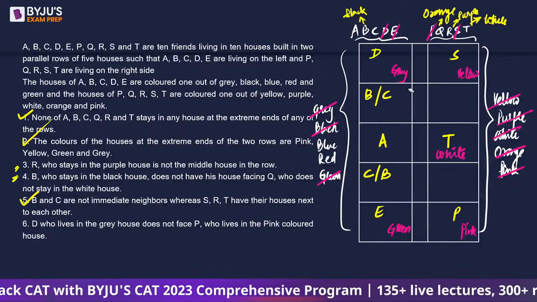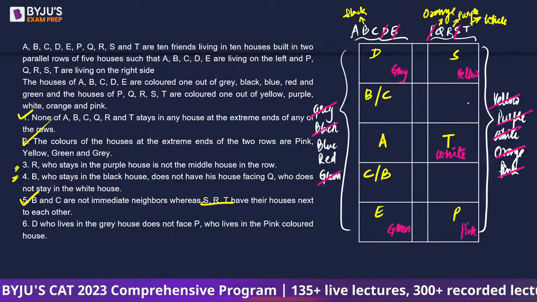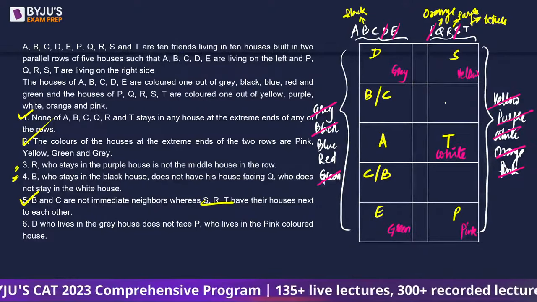The moment we have S here and SRT need to be consecutive, we will have R here and obviously Q here. Now we know that B does not have his house facing Q, so we cannot have B here.